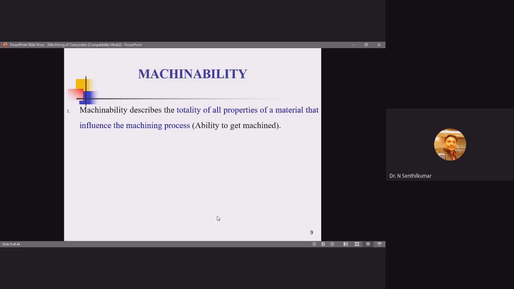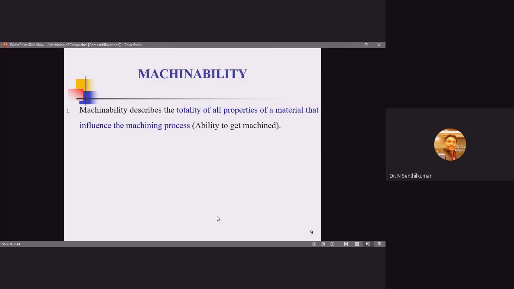So the machinability mainly depends upon the properties of all the materials, that is the reinforcing phases and also the matrix phases, which influence the machining process. Not only the materials, but also what kind of cutting tool you are going to select. Whether you are going with high-speed steel, or cemented carbide, or any specialized cutting tools. So their compositions, their hot hardness. In cutting tools, we will be coming across this word hot hardness, that is regaining hardness at high temperatures.